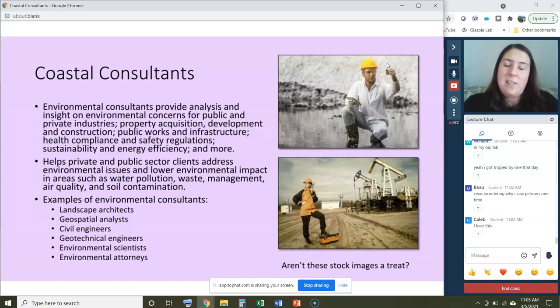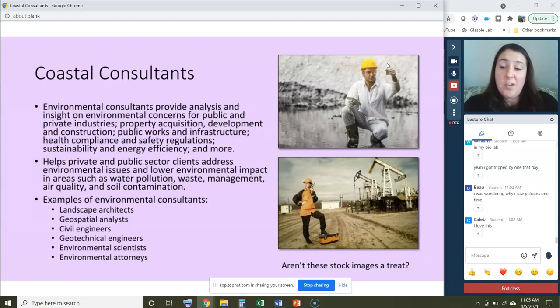Environmental scientists, any sort of environmental scientists, biologists, chemists, physical oceanographers, geological oceanographers, all of these. Or environmental attorneys. There's a lot of public policy and environmental policy that goes into these types of decisions. So attorneys are often included in a consultant team.